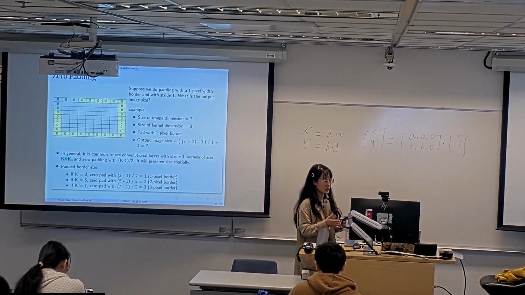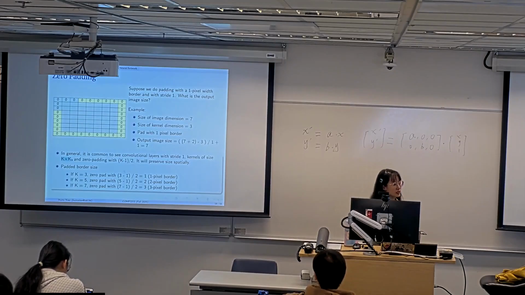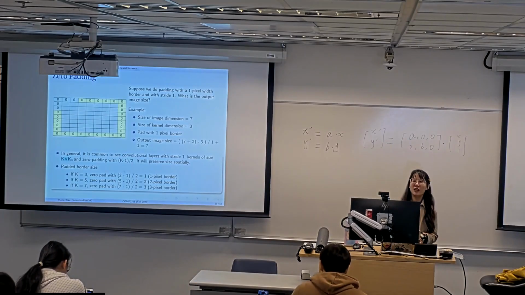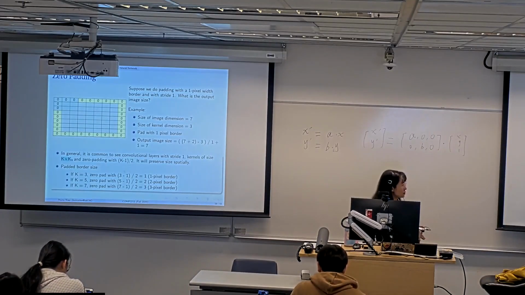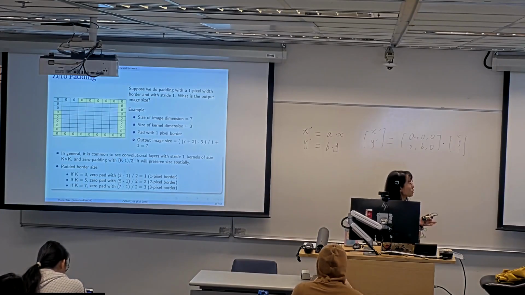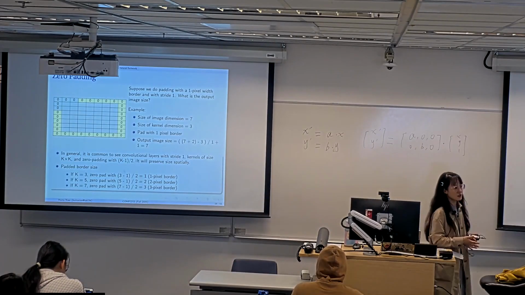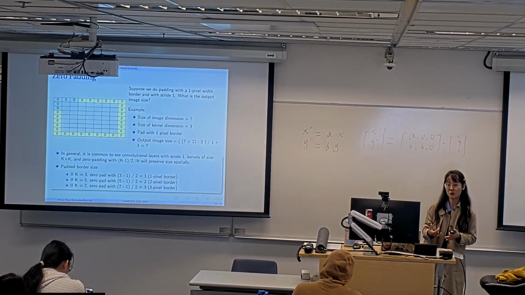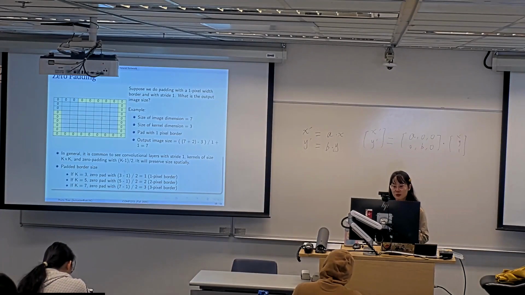So when we're designing kernels, it's always an odd number, like 3 by 3, 5 by 5, 7 by 7. Just use an odd number here. And then we usually do zero padding with k minus 1 over 2. In this case, it will preserve the size spatially. That means your output image size will be the same as your input image size.